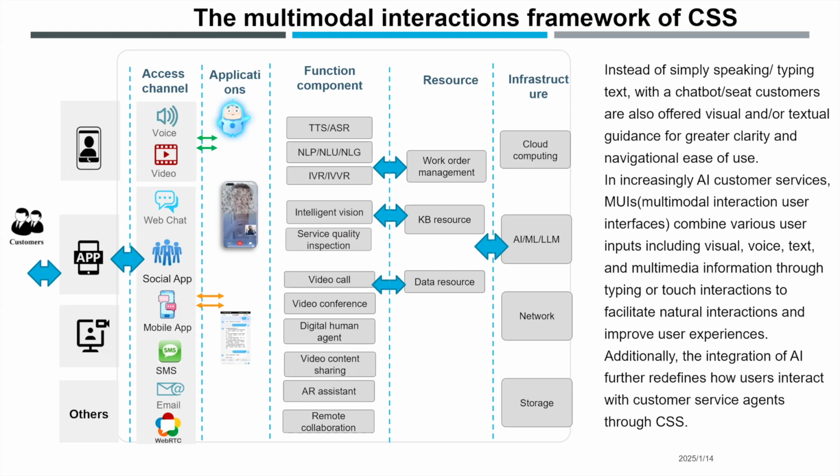The functional components contain traditional TTS and ASR technology, and also computer vision for face recognition or image analysis. Then in the video call, there can be collaboration, such as sharing the screen, the digital human, and video content sharing.